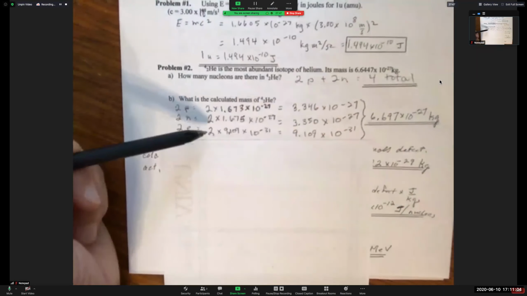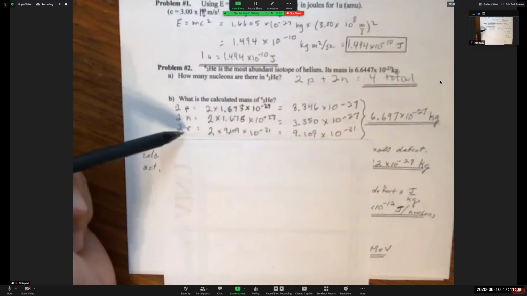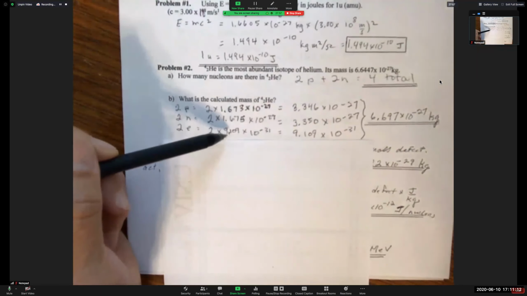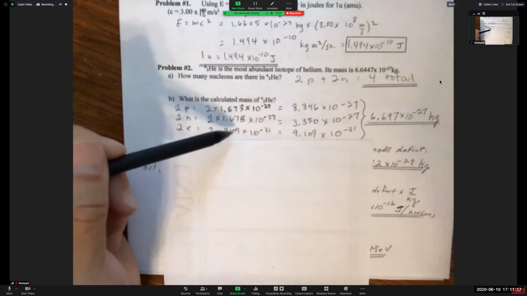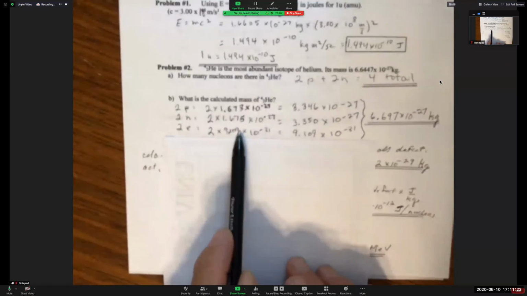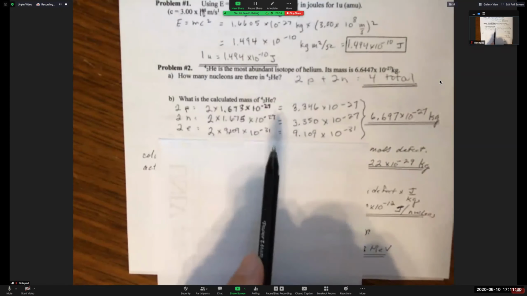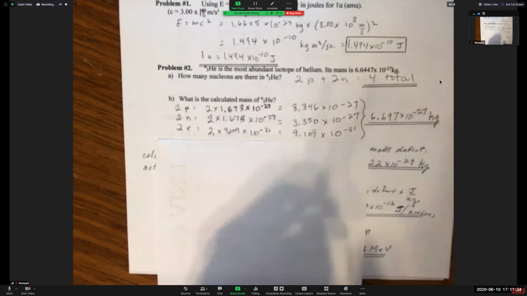And then we're doing the mass of the whole atom, not just the nucleus. So we have to add the mass of the 2 electrons. So 2 electrons times 9.109390, I cut off in 3 decimal places, times 10 to the minus 31 kilograms. 2 times that equals, that's not right.